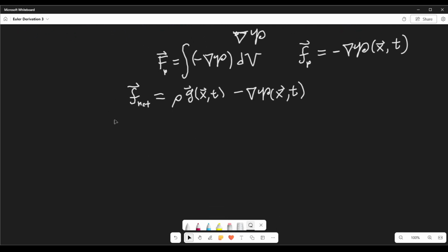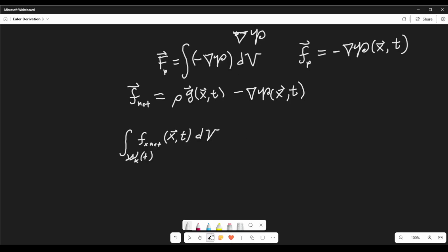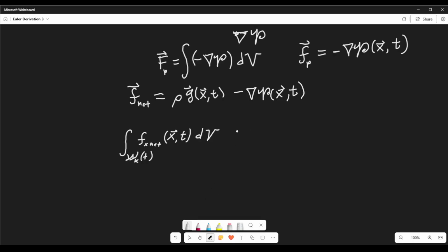This was from the original equation. And this thing now equals what has just been derived.